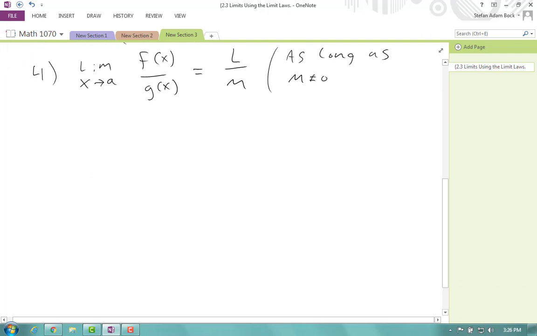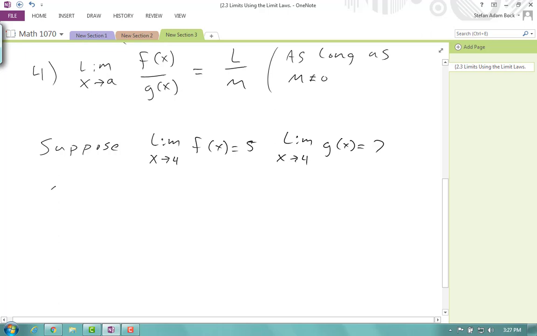So if I needed to, for example, calculate the limit of a more complicated function, suppose the limit as x goes to 4 of f of x is equal to 5, the limit as x goes to 4 of g of x is equal to 7, and the limit as x goes to 4 of h of x is equal to -3.